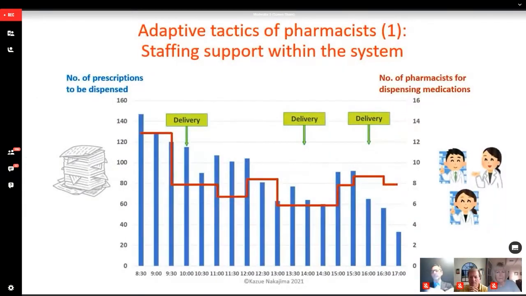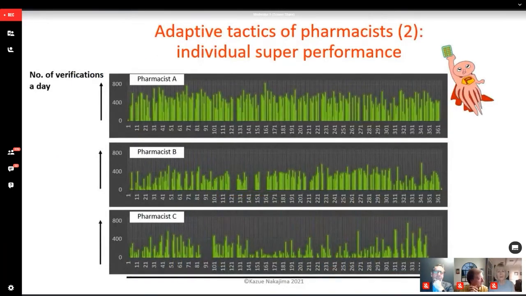We found 3 tactics of pharmacists to adapt to this environment to get the job done. The first one is staffing support from other units within the pharmacy department to complete medication dispensing and verifications by the regular medication delivery time. The second tactic is an increase in the processing power of a particular pharmacist.